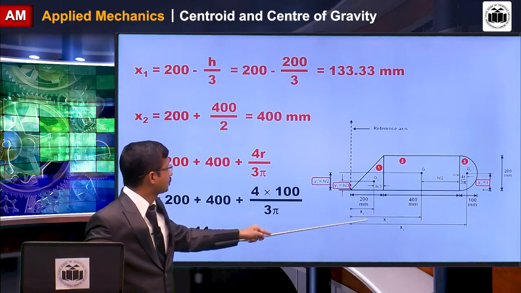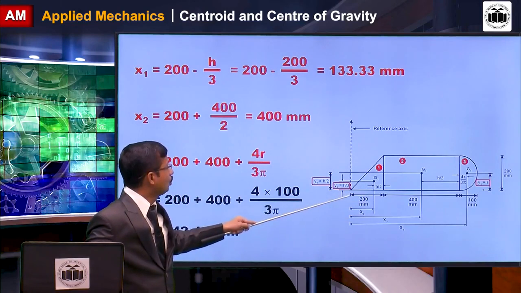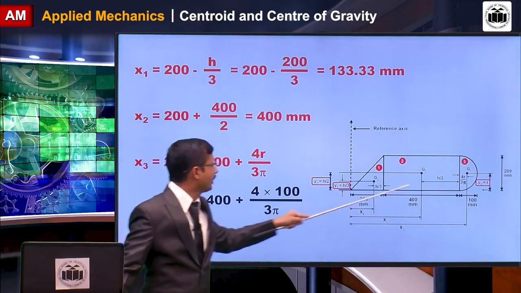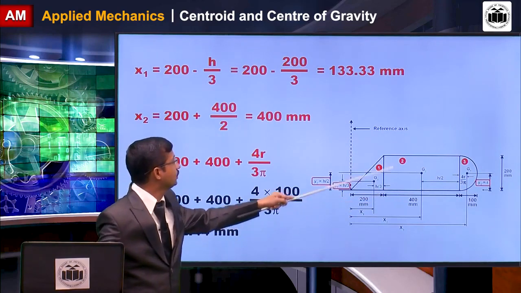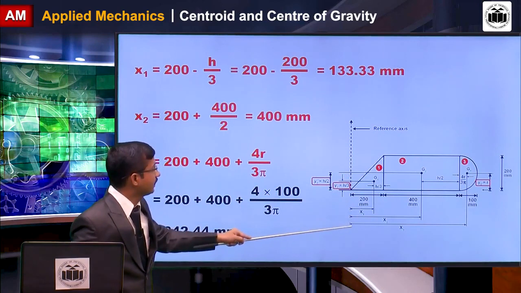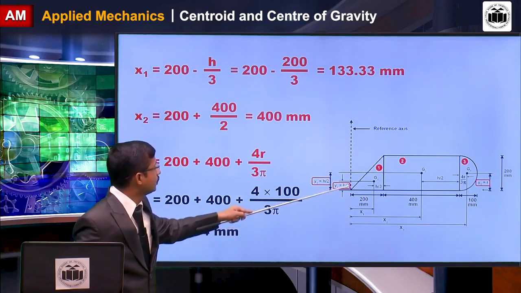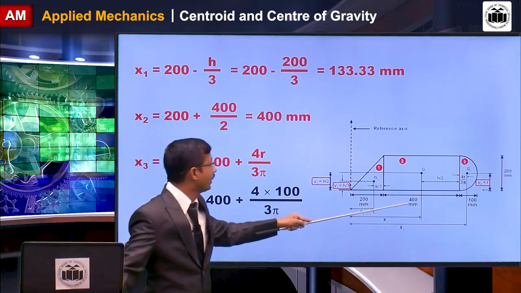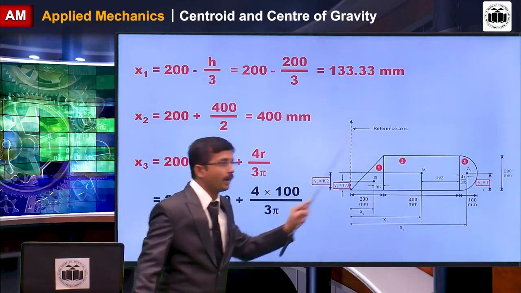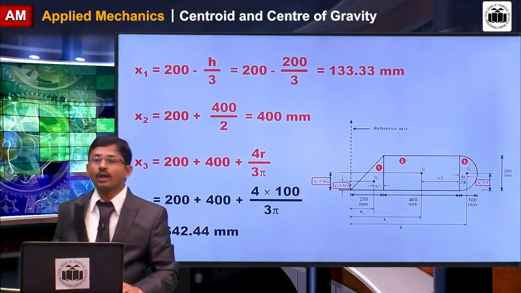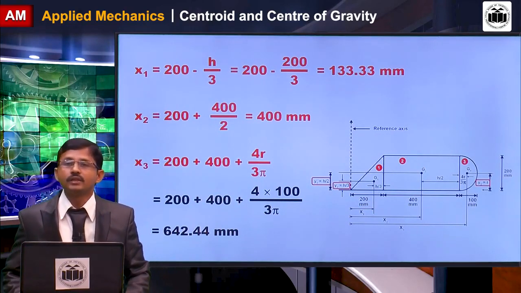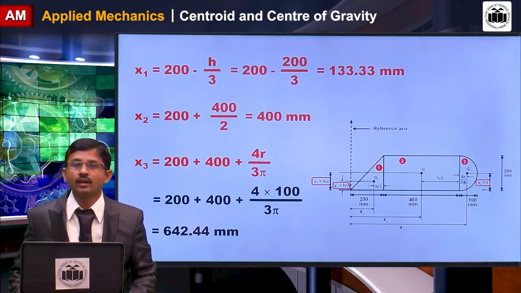Then you calculate x2. This x2 is 200 plus 400 divided by 2. That is the CG of this individual rectangle. Then you have to calculate x3. So x3 is calculated as 200 plus 400 plus 4r upon 3 pi. This 4r upon 3 pi is the centroid of the semicircle.